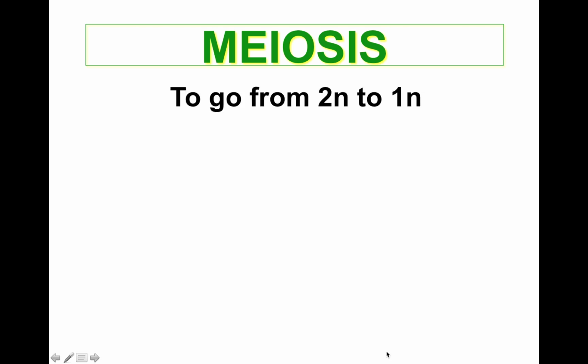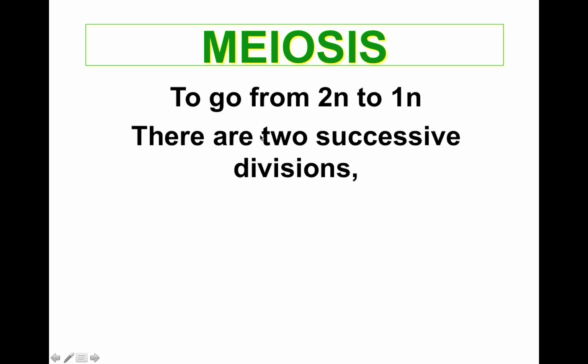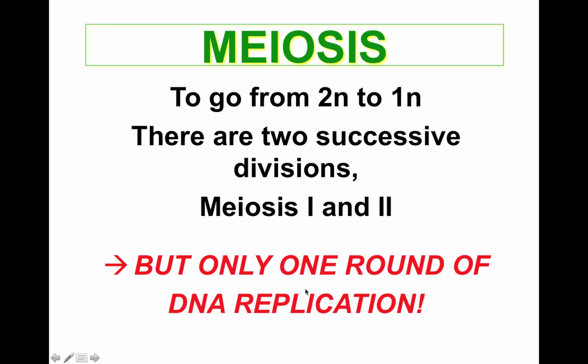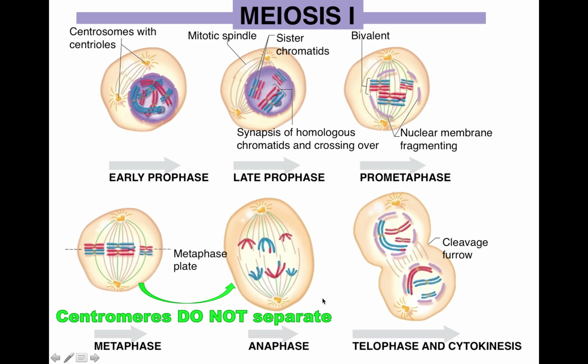During meiosis, you need to go from a 2N somatic cell to a haploid gamete. There are 2 successive divisions, Meiosis I and Meiosis II, but only 1 round of DNA replication. Now, most of the interesting events occur in Meiosis I. So at the beginning of Meiosis I, the cell looks very much like a regular dividing cell.